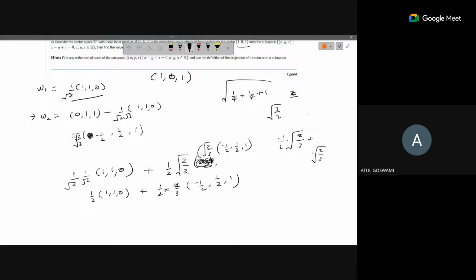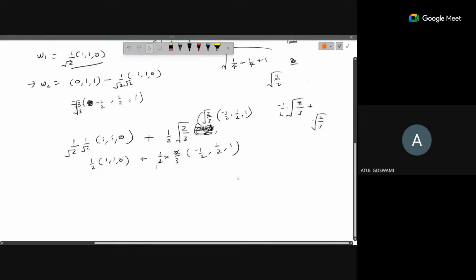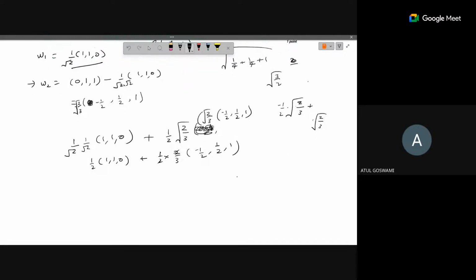Here the 2 cancels out, and we will get 1 by 3. So 1 by 2 minus 1 by 6, this is one component. The second component would be 1 by 2 plus 1 by 6, comma 1.